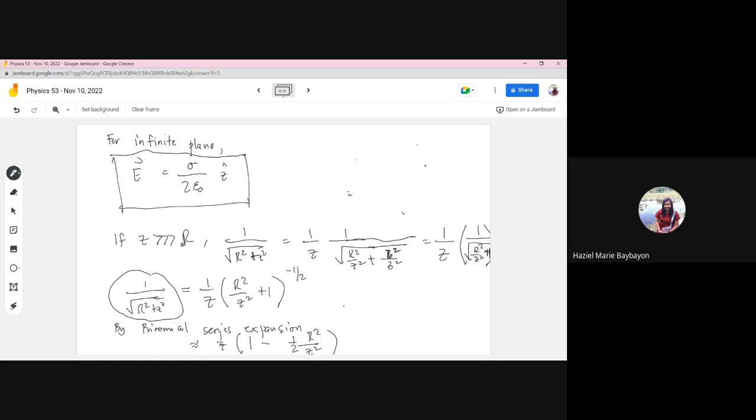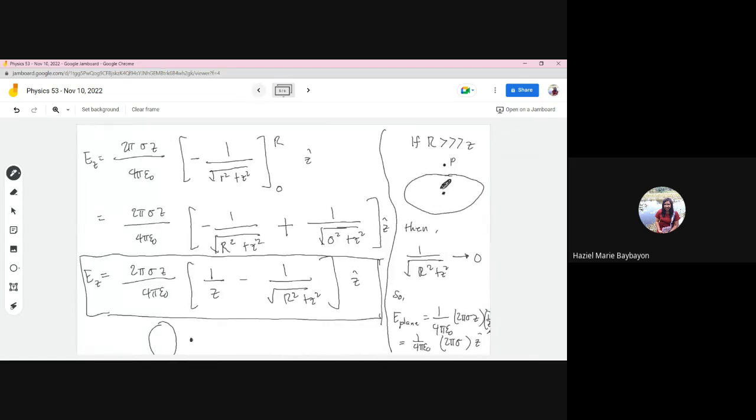Now, the term in the bracket will become, so balik ta diri. So this term here, if z is much greater than r, then this will become 2 pi sigma z over 4 pi epsilon naught, 1 over z minus katong nakuha na nato sa Taylor series expansion. Okay? So atong i-substitute ni diri. Copy lang nato and then i-substitute here.